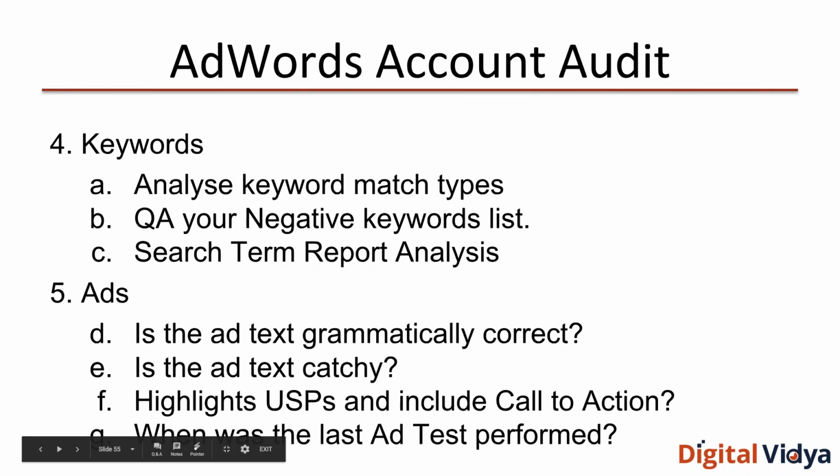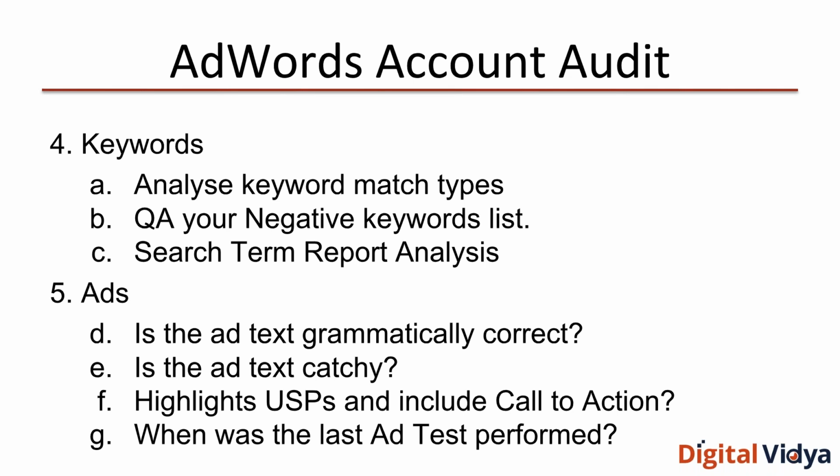Then at the level of keywords, analyze what match types they are in. Like today, you showed me your account during break time. I took a look at the keyword list and I said all of them are broad match, right? So in this case, you have an account with data. On the basis of data, you can suggest that this set of keywords are of broad match type and seem to be costing you a lot.